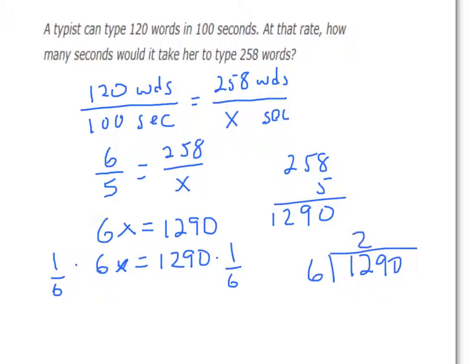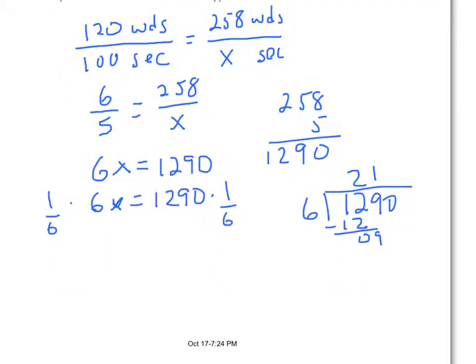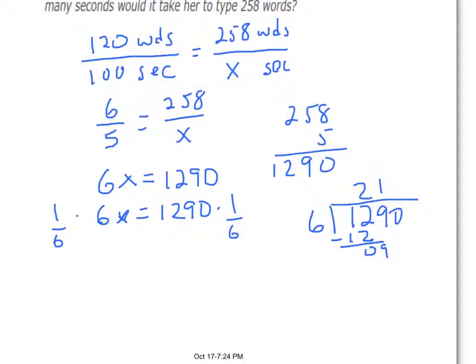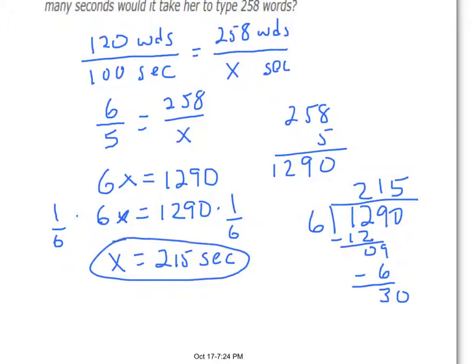I've got 2 sixes in 12, then 0, bring down the 9, and 1 six in 9, and that's 3, so 215. So x is going to equal 215 seconds. And that's the end of the lesson on proportions.